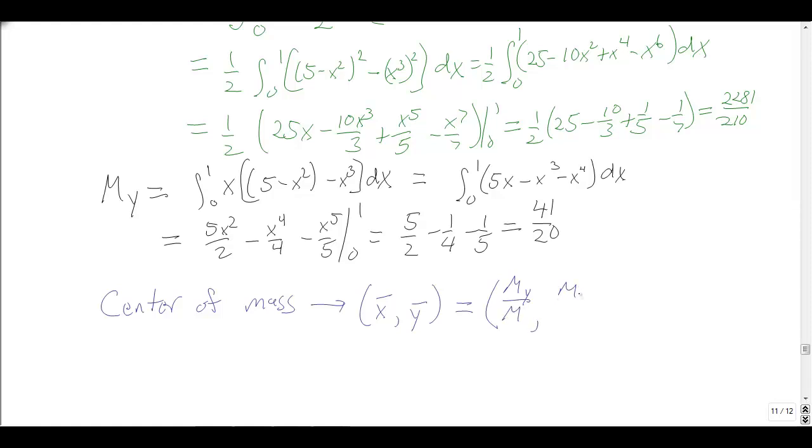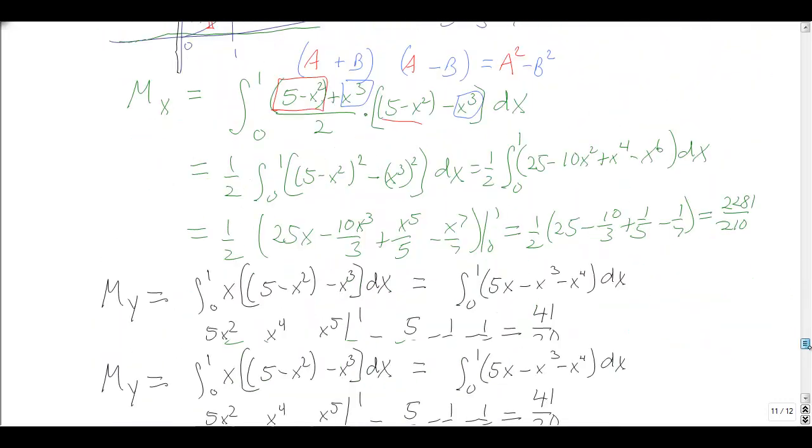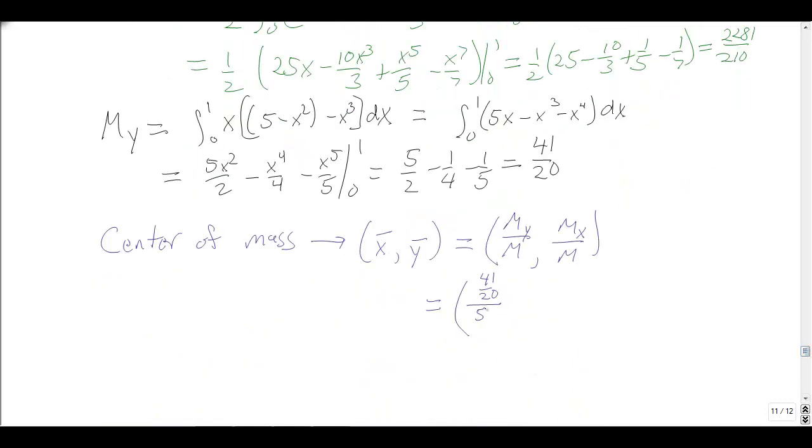And the y bar is mx divided by the mass. So in our case, that's, let's see, my is 41/20ths over our mass was 53/12ths. Comma, moment about the x-axis is 2281 over 210 divided by 53/12ths.